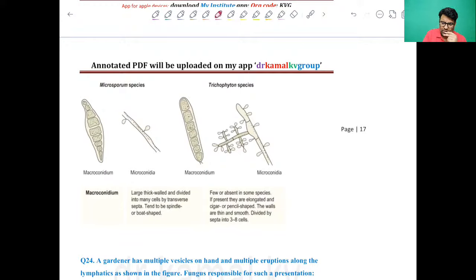This is the Microsporum species, which is showing you a spindle shaped or boat shaped macroconidium, and here we can see the trichophyton, which is showing a cigar shaped or a pencil shaped macroconidium, right? So just remember this. Macroconidium in Microsporum is spindle or boat shaped, whereas macroconidium in trichophyton is cigar shaped or pencil shaped.